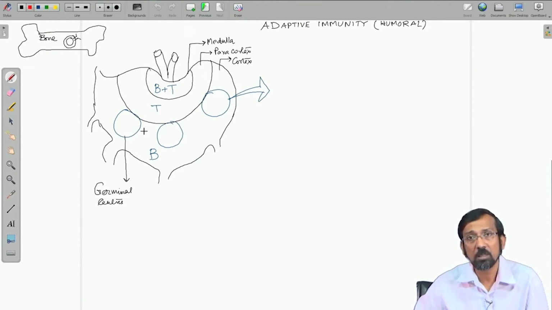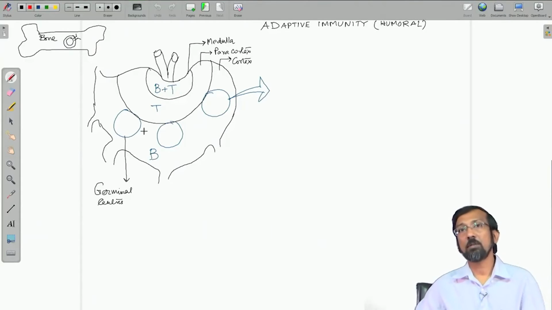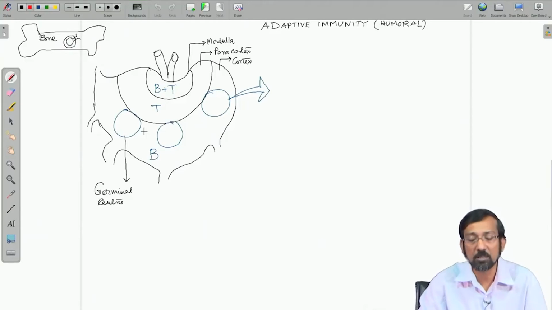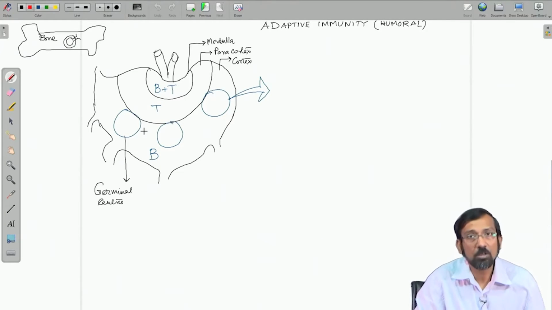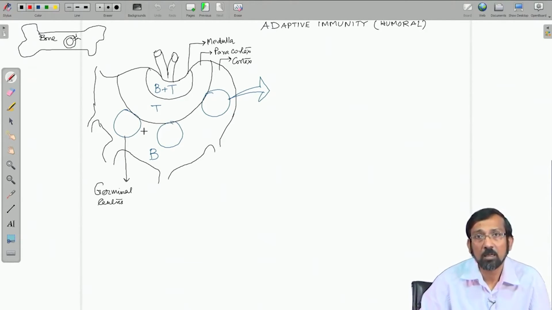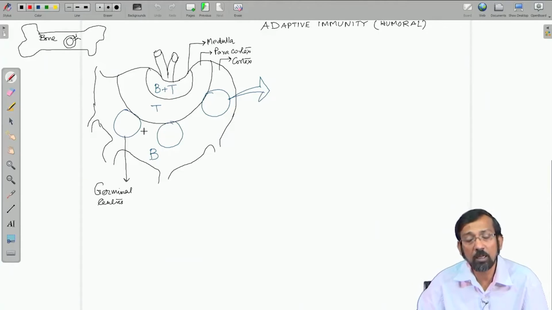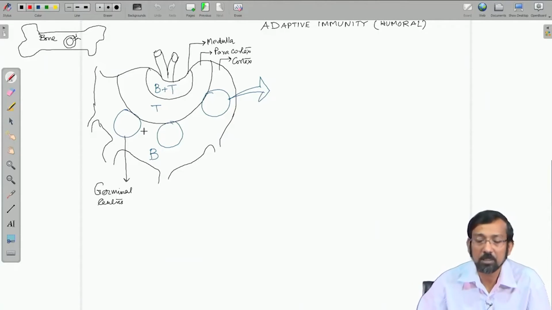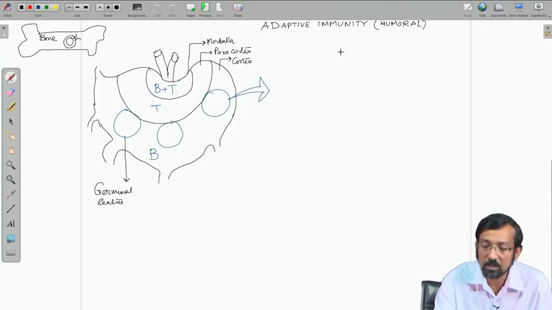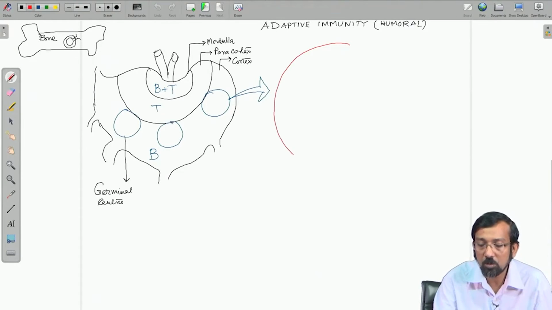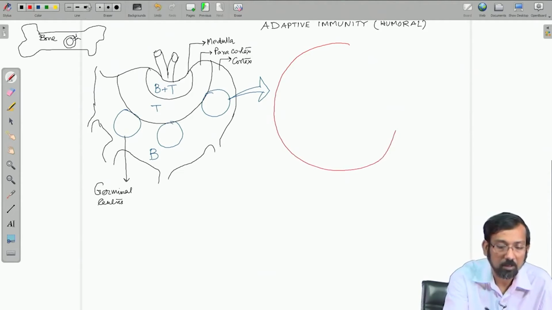So, now they can bind these antigens, but this binding is not sufficient for activation of the B cells. There are some other co-stimulatory events that are required for activation of these B cells. Now, what happens in this germinal center? Let us magnify and have a closer look at the germinal center.